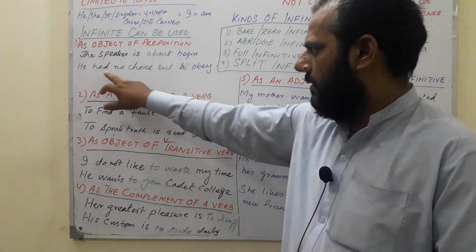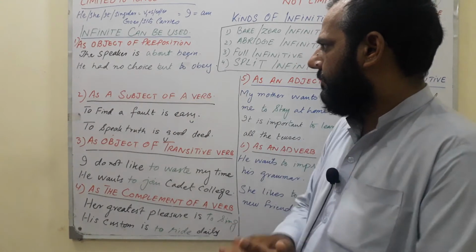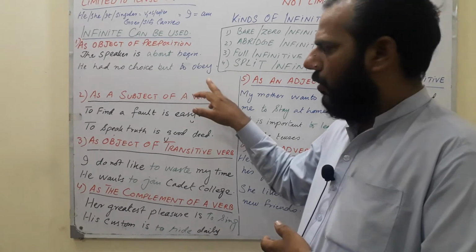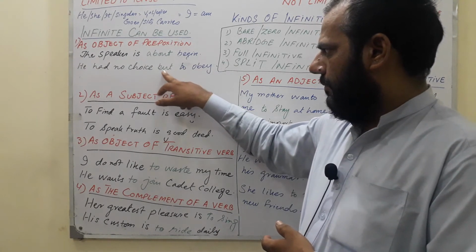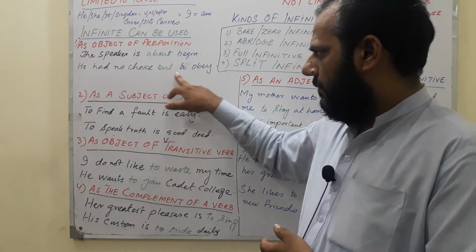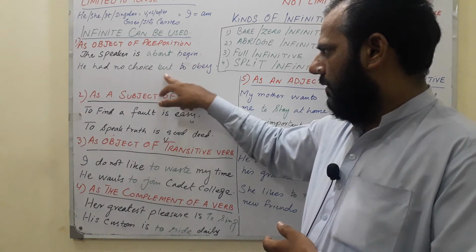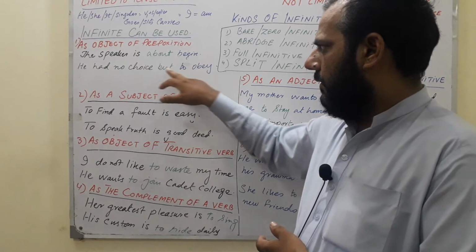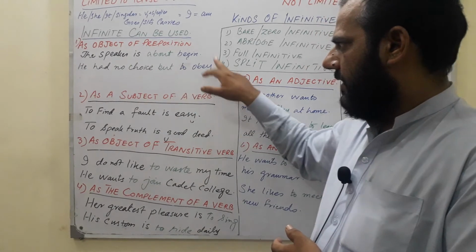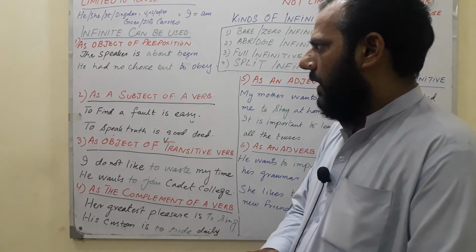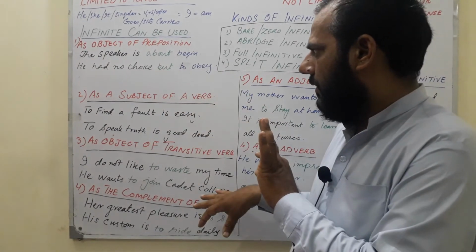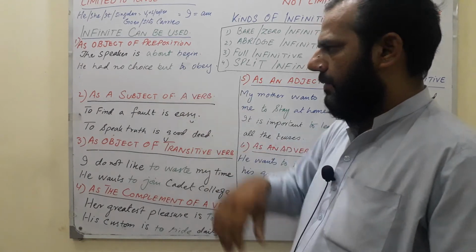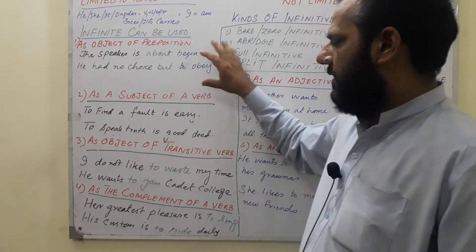The second example: he had no choice but to obey. "But" is a kind of preposition, and "to obey" is an infinitive. So these are the two examples.